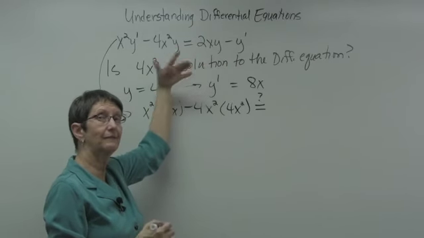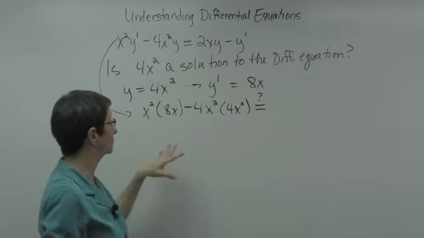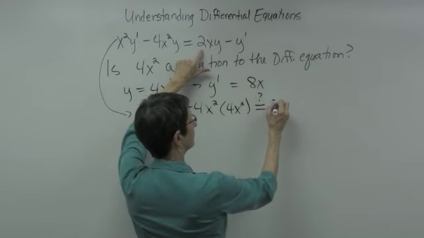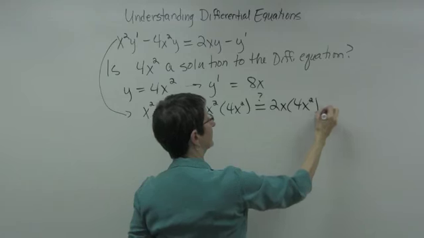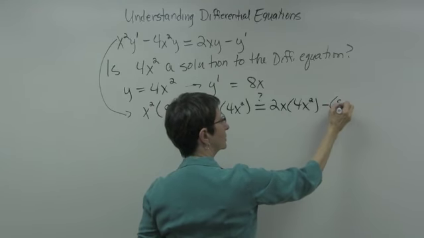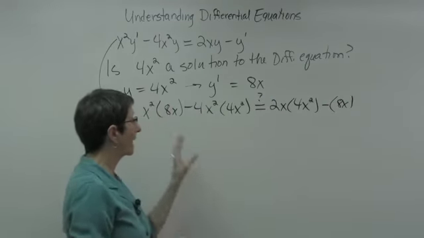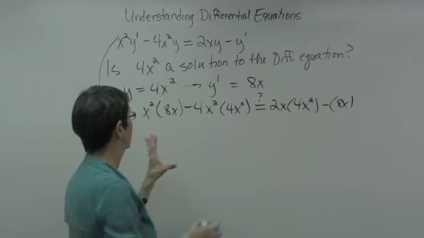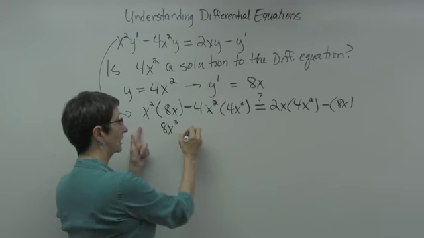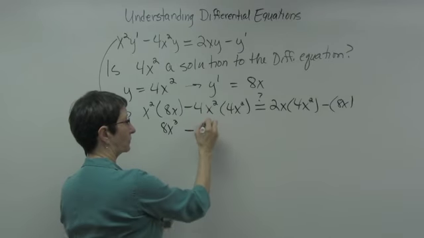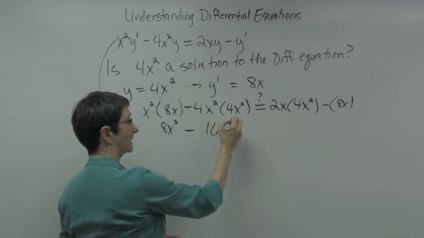We're testing to see if this 4x squared is a solution. So I have 2x times y, which is 4x squared, minus y prime, which is 8x. And I work on one side at a time. So over here, I have x squared times 8x is 8x cubed, minus 4x squared times 4x squared, 16x to the fourth.